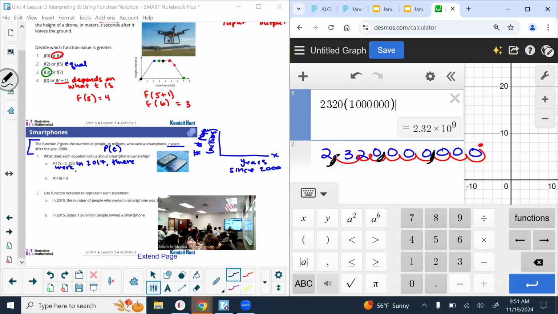Do you guys know how big that is when it has that many commas? Anyone? It's 1 billion. So it's 2,320,000,000 people that owned smartphones in 2017. That sounds more accurate than just 2,320. So that's because they're giving it to you already in millions, okay? So I'm going to copy this number onto that.